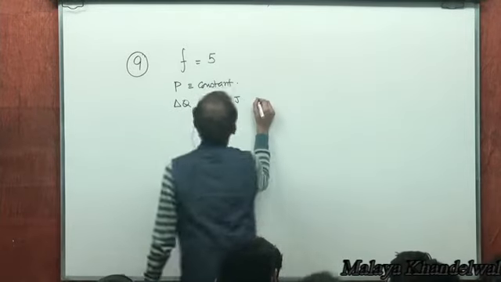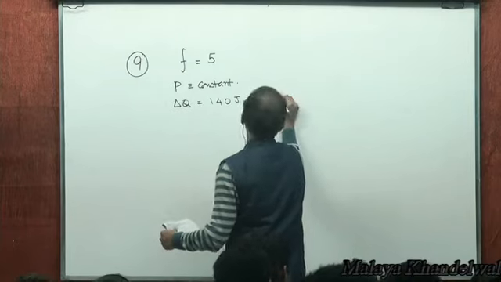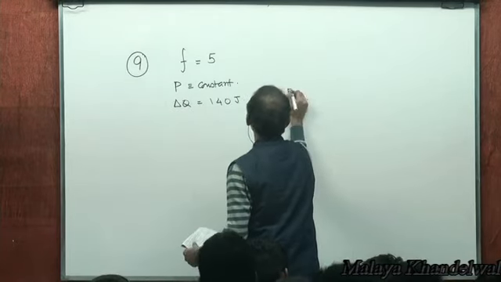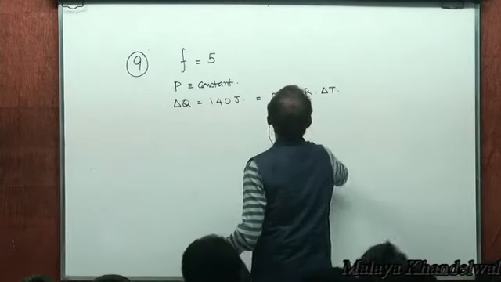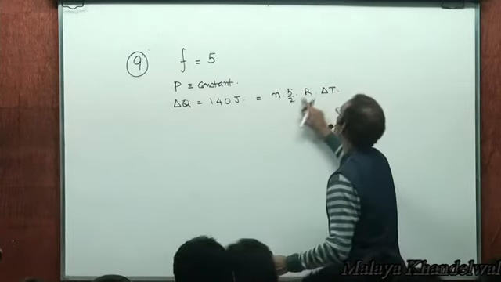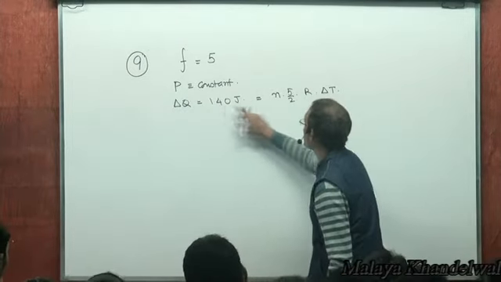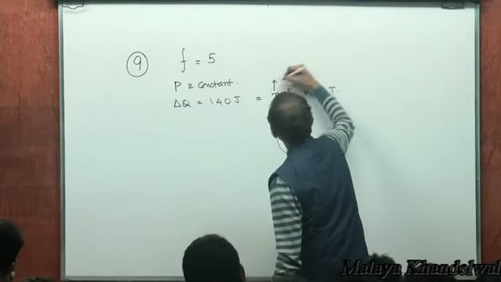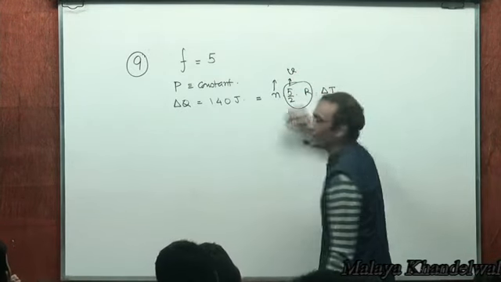Now, the heat supplied is what? n, number of moles, we'll assume nothing given, into 5 by 2 into R into delta T. Yeah, n Cp dT. Yes or no? Heat supplied in a constant pressure process is n Cp, Cp is 5 by 2 into R, isn't it?